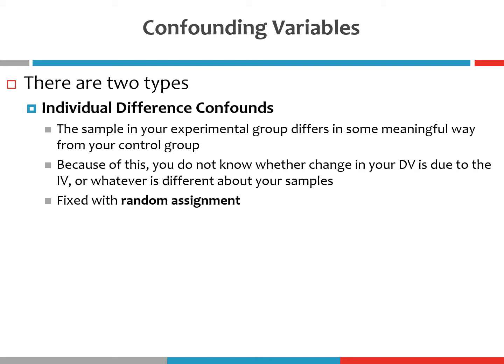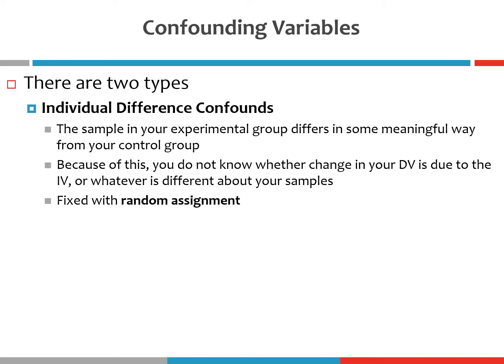Because of our individual difference confound, okay, we do not know whether the increase in the children's intelligence in the experimental condition is due to our manipulation of breast milk or whether something else that differs between our samples, okay?